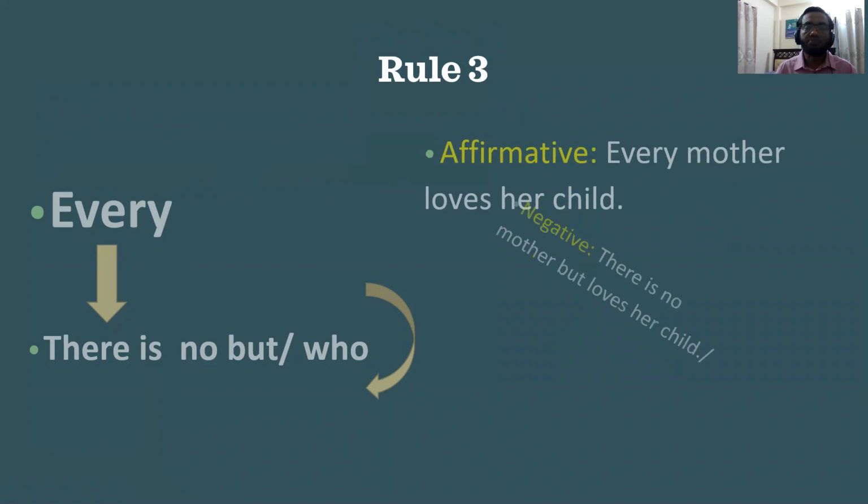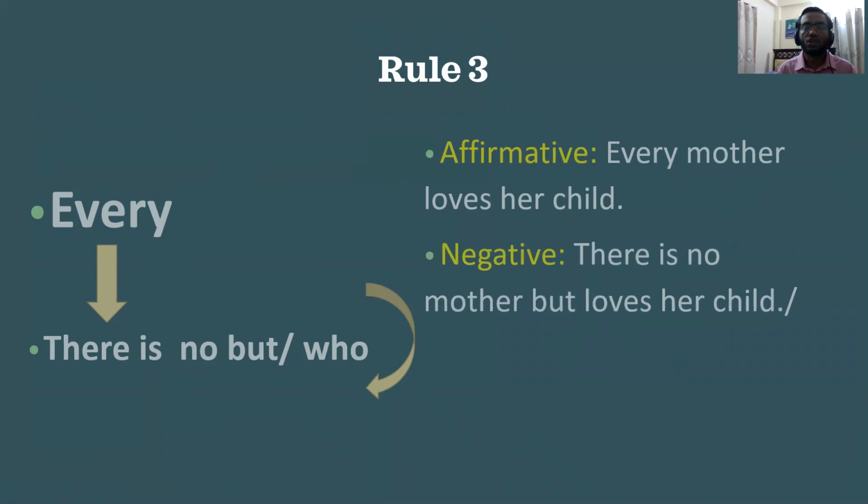And the negative form will be, there is no mother but loves her child. Can you understand? There is no mother but loves her child. If you want to use "there is no" plus "who," then you can say there is no mother who doesn't love her child. Can you understand?